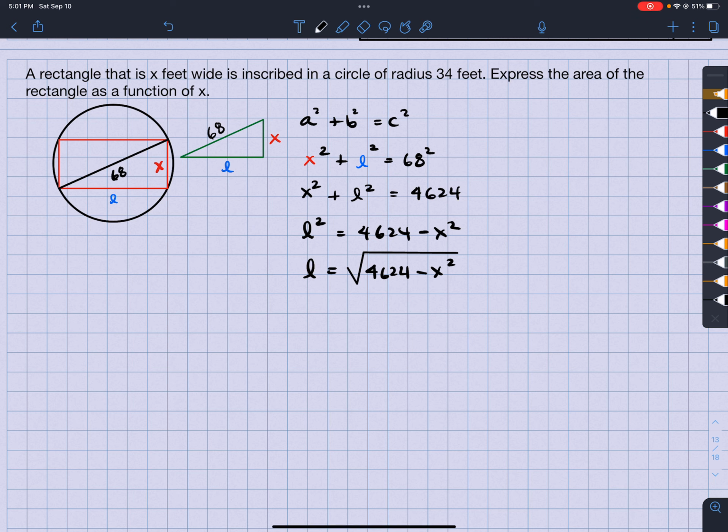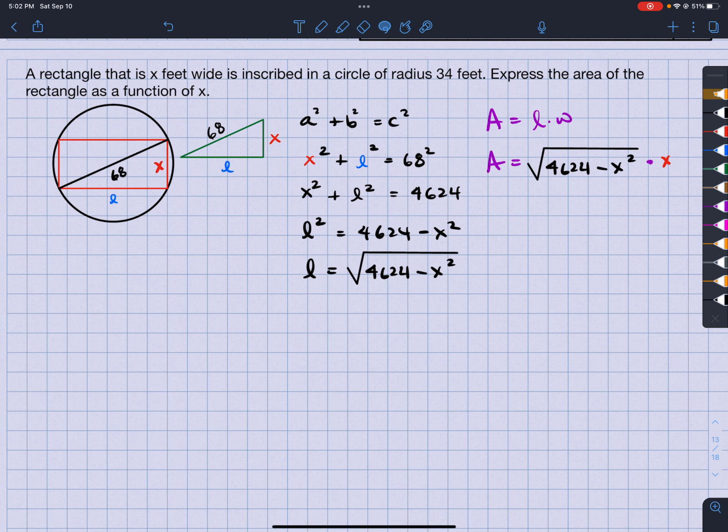All right. So what do I know about area? Area is equal to length times width, or base times height, right? So the area of this rectangle is the length, which I found right here, times the width. Well, the width was given to me right from the get-go. Here's the width. There it is.